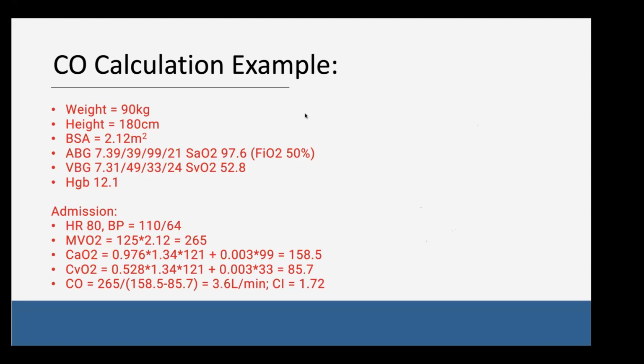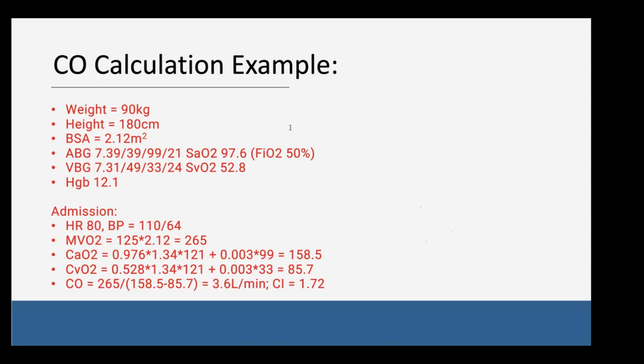Okay, so somebody is asking, why have we rounded off the hemoglobin? The hemoglobin was 12.1 gram per deciliter. So for units, it's 121 grams per liter. It's not rounded.